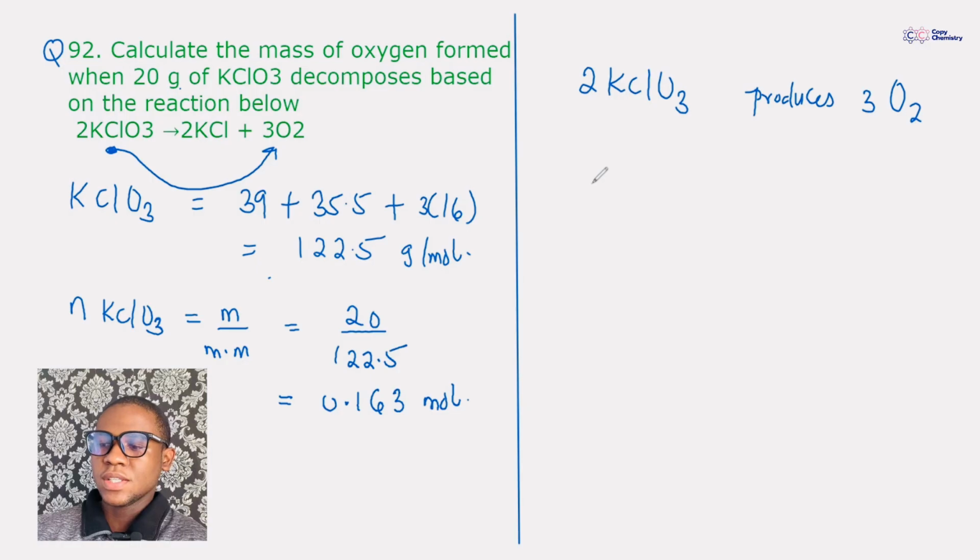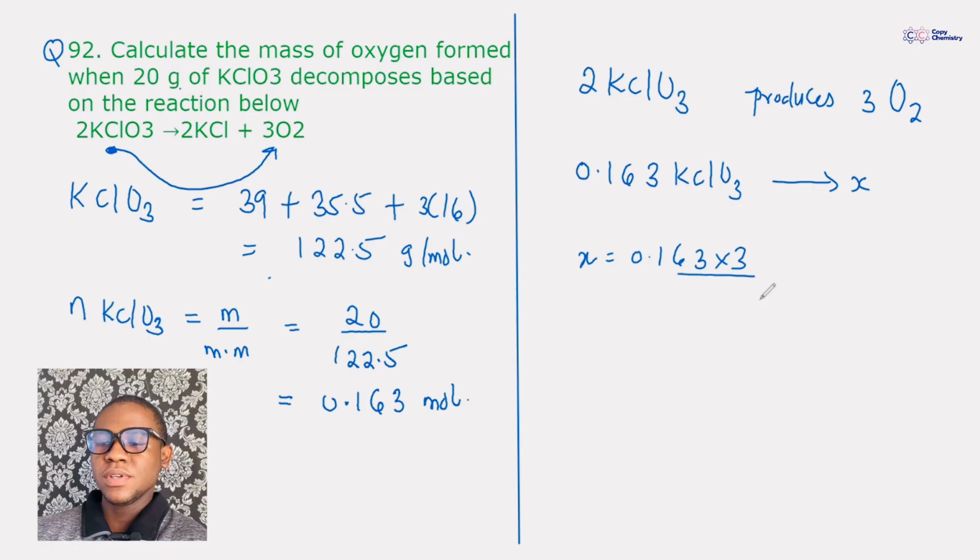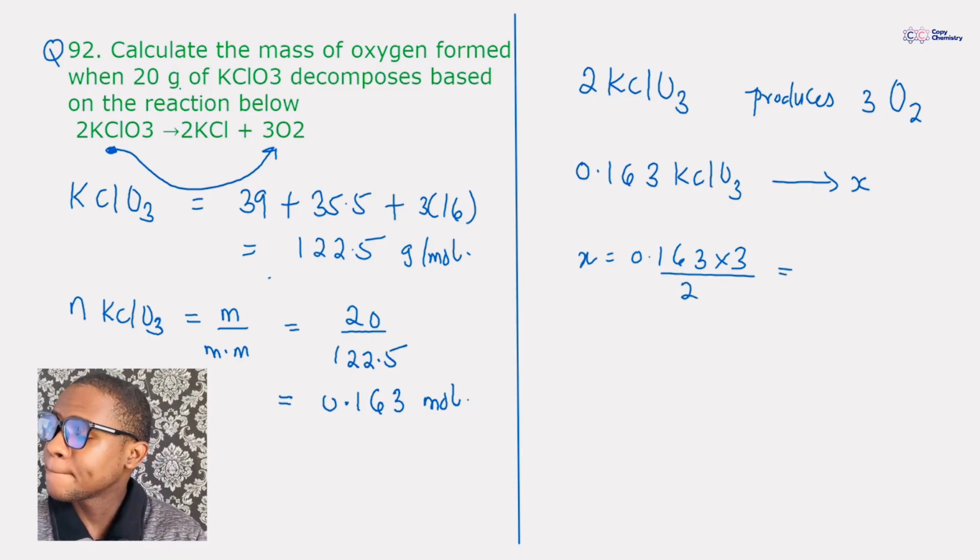So that means that if we have 0.163 of KClO3, we can actually find out how many moles of oxygen is being produced. Okay, so our x will just be 0.163 multiplied by 3 divided by 2, and that should give us 0.24489.